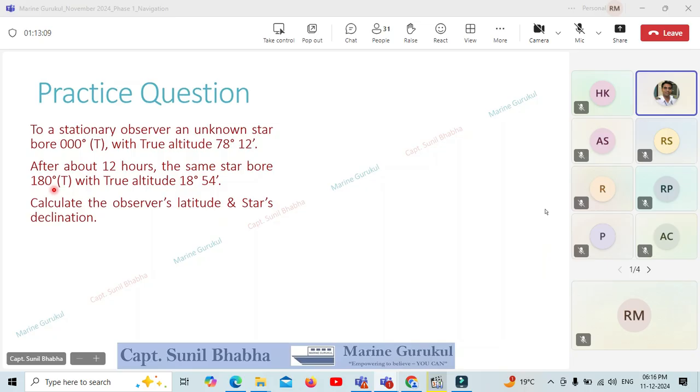Now, all circumpolar questions can be solved using a single approach. If you have that approach clear in your mind, you will be able to attempt any question based on circumpolar bodies. Not only circumpolar bodies, later on we will also see the questions based on rational horizon diagram, and the same approach is applicable to those questions also.